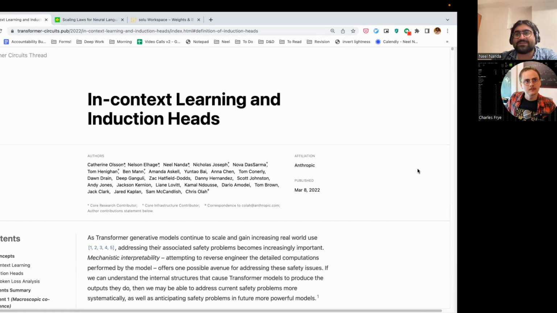So this is a distinction between a memorized algorithm the model just gets during training and an inference time algorithm that the model runs on the text it's given to come up with some new algorithm or capability. And induction heads are just a really clean example of an in-context inference time algorithm. I can give the model some random sequence of text it's never seen before, and it's able to predict the repeat of that later.